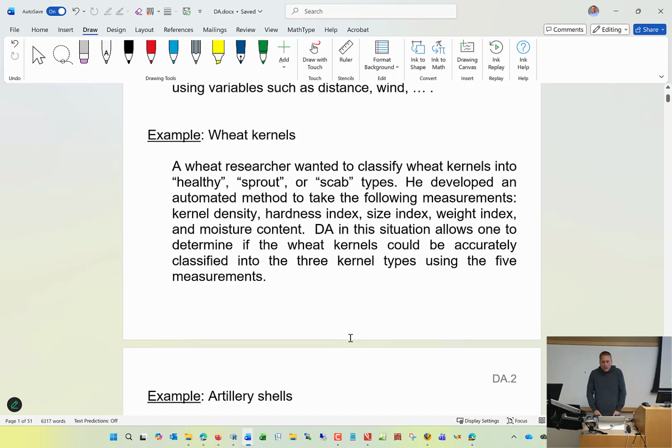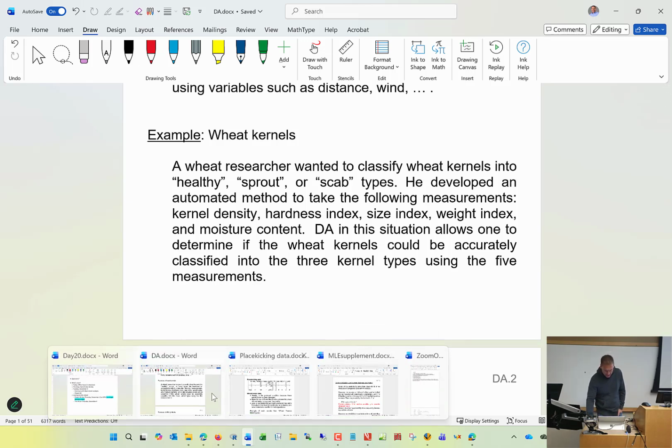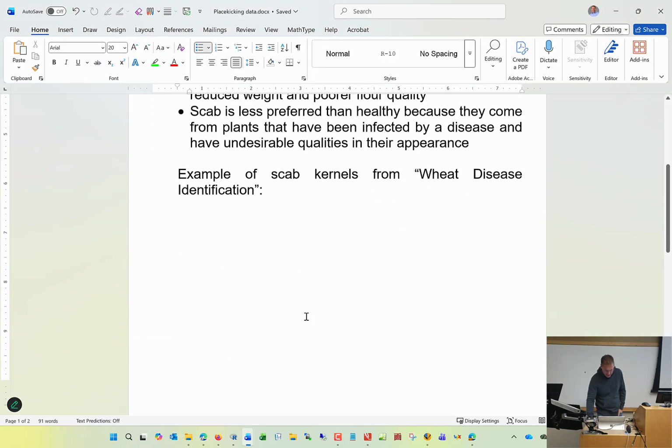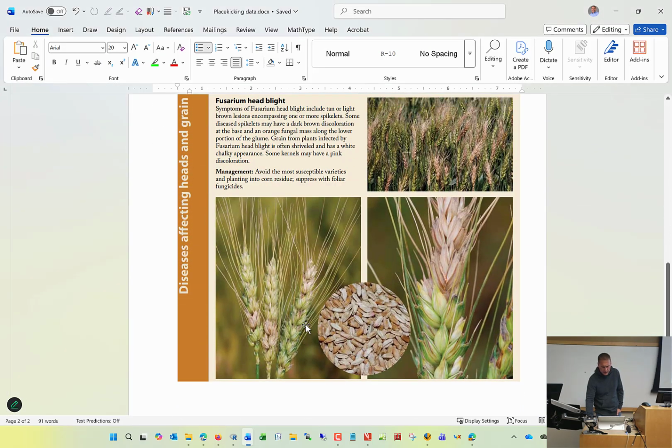One time I was working with a wheat researcher, and in terms of the wheat kernels, here we have some wheat kernels. This researcher wanted to come up with an automated method to determine if these kernels could be considered healthy, or sprout, maybe a seed that sprouted, or the wheat kernel was scab, which means it's diseased.